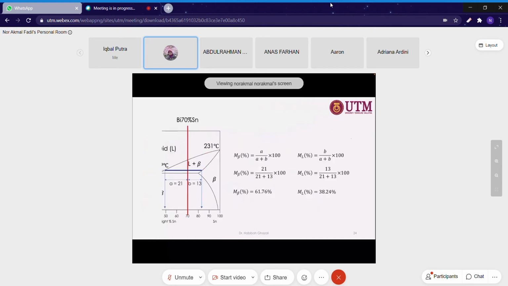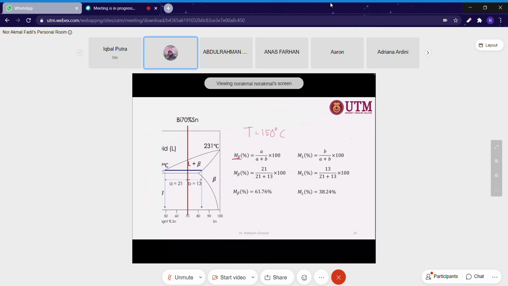For example, the fraction of beta: how many percent of beta inside your alloy at temperature equal to 150 degrees Celsius. At this temperature, you want to know how much beta has already formed.